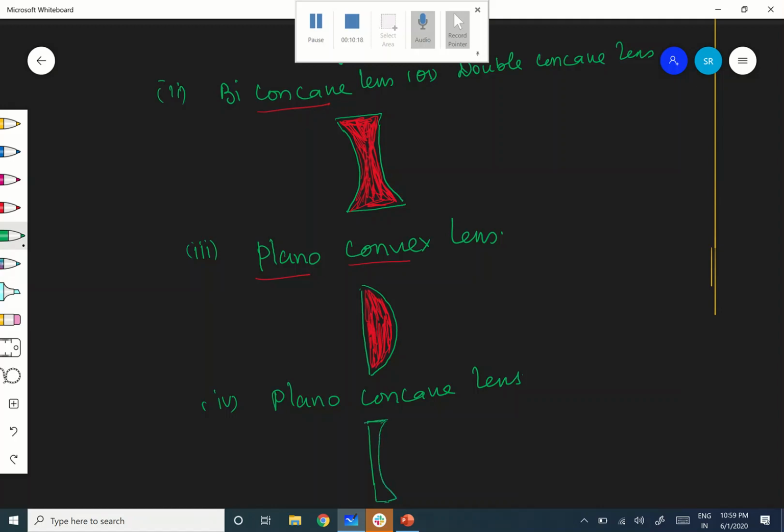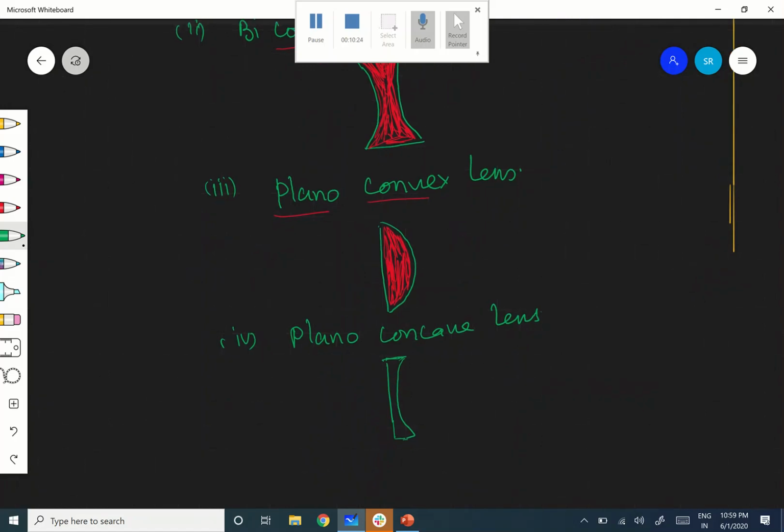What type of lens is this? It is a plano concave lens. This is the transparent medium, bounded by one plane surface, and the other one is a concave surface.